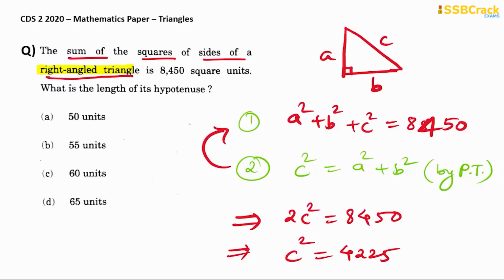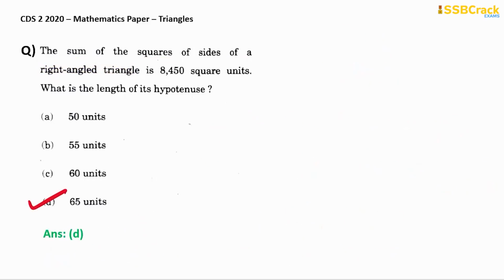If not, you can prime factorize it and check. So C is the square root of 4225, whose square root comes out to be 65. You can easily check. Alright, and hence the key for this question is option D only.